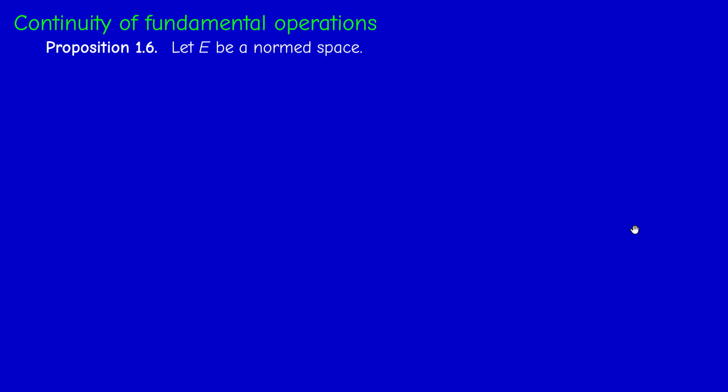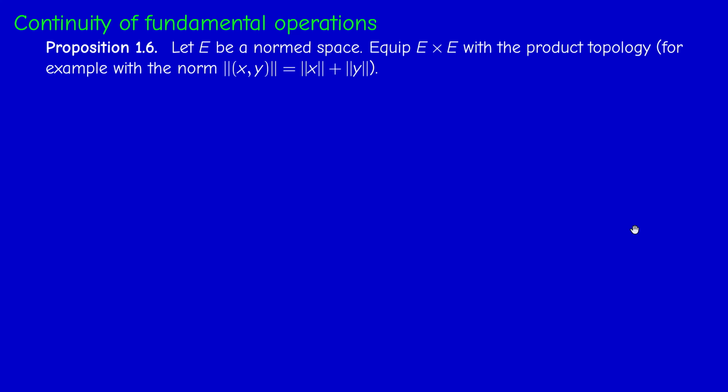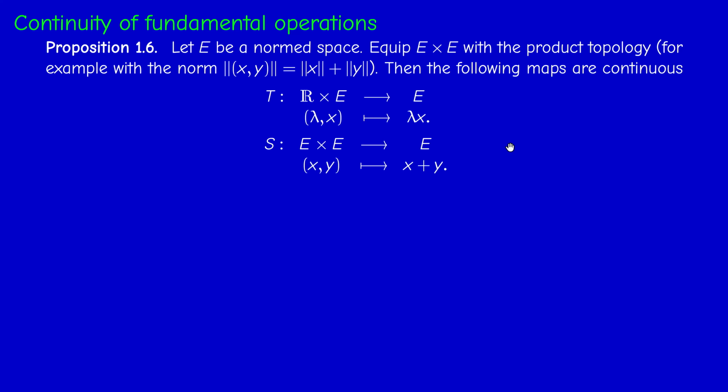Okay, now I will mention a result that you may have proved. If you have a normed space E and you equip the product of E by itself with any of the norms, so for example, the one norm, which is the sum of the components, we consider two operators. The operator T that to each couple (lambda, x), lambda in R and x in E, associates the product lambda x. So this is multiplication by scalar.